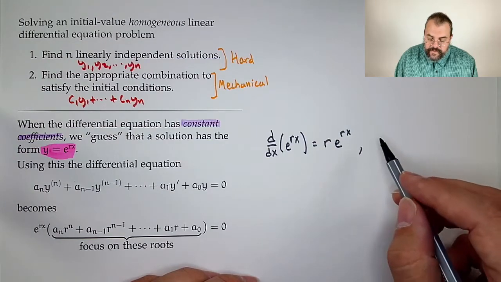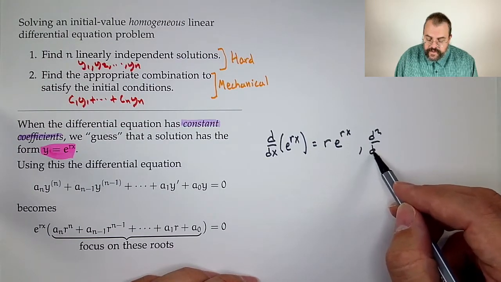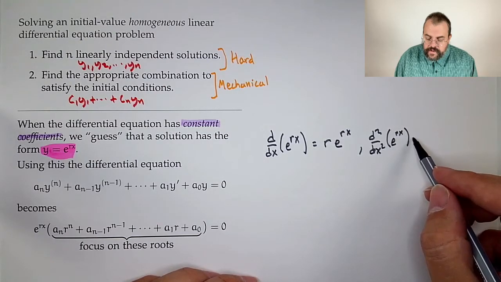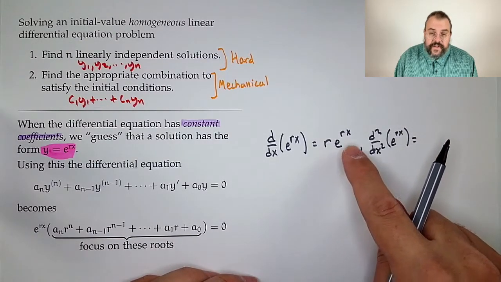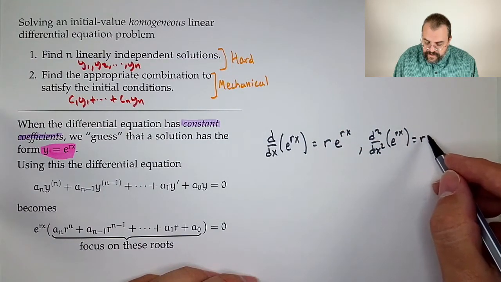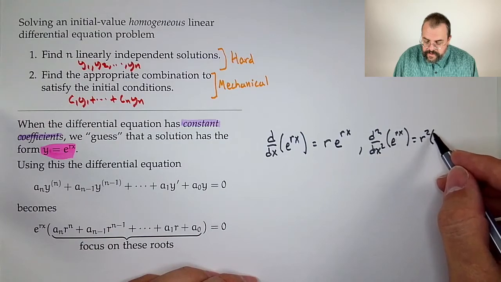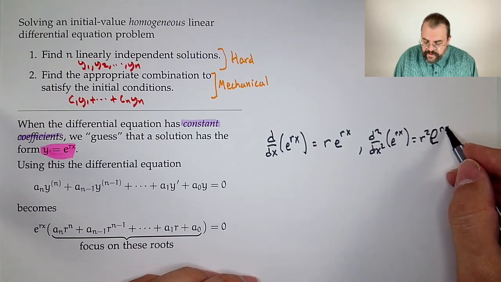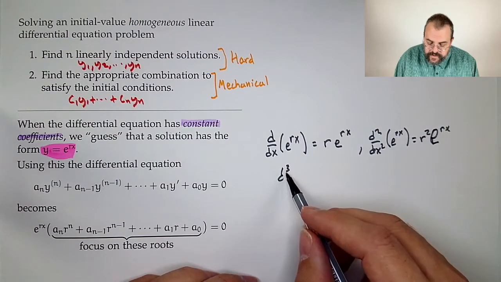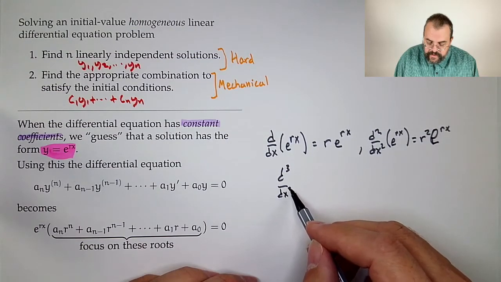All right, how about the second derivative of e to the rx? Well, it's like you're taking the derivative of the first derivative, and another r comes down. So you have r squared e to the rx. Okay, what about the third derivative of e to the rx?